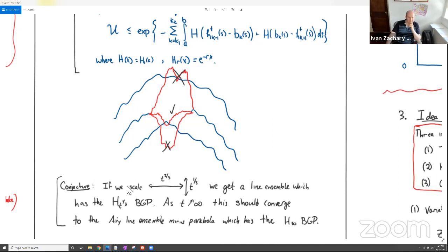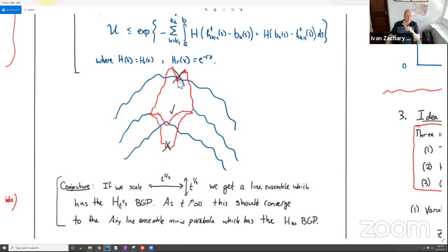So if you take the KPZ line ensemble and you rescale it, now I claim that you should rescale transversally like t to the 2/3, and in the vertical direction like t to the 1/3. By vertical direction, I mean each curve is in the t to the 2/3 range, and the fluctuations of it will grow like t to the 1/3.